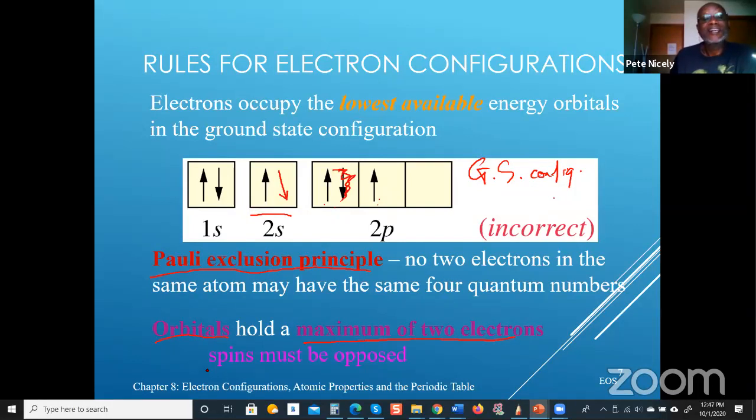And not only that, the 2 electrons occupying the same orbital must have opposite spins, all right? So that's what Pauli's exclusion principle concludes: each orbital can have no more than 2 electrons, and where you have 2 electrons occupying the same orbital, those electrons must be spinning in the opposite direction, all right?